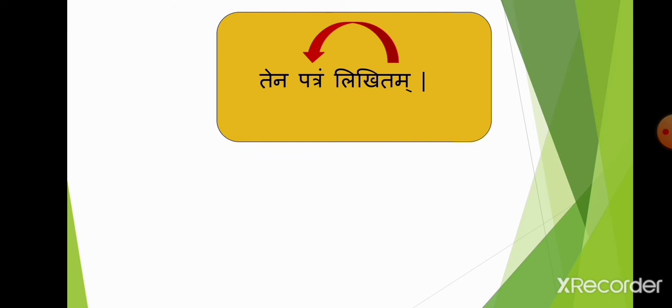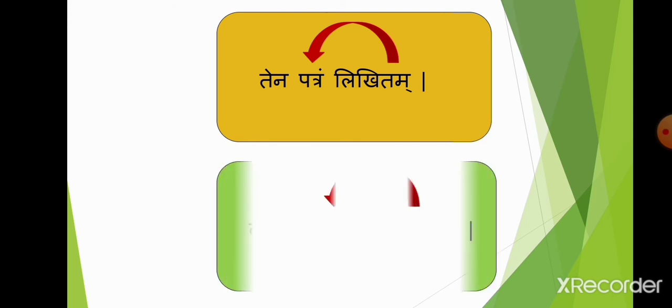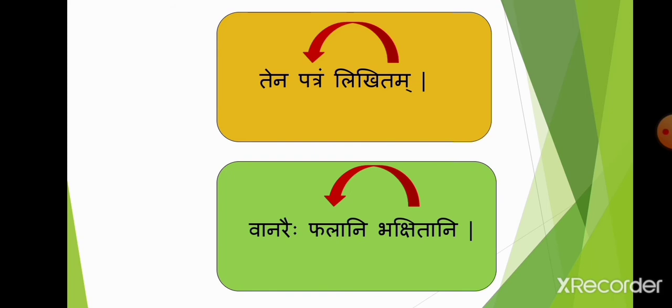So likhitam is also used in napunsakalingam ekavachanam. Vanaraihi falani bhakshitani. Falani is used in napunsakalingam bahuvachanam, so bhakshitani is also used in napunsakalingam bahuvachanam. I hope you have understood it.